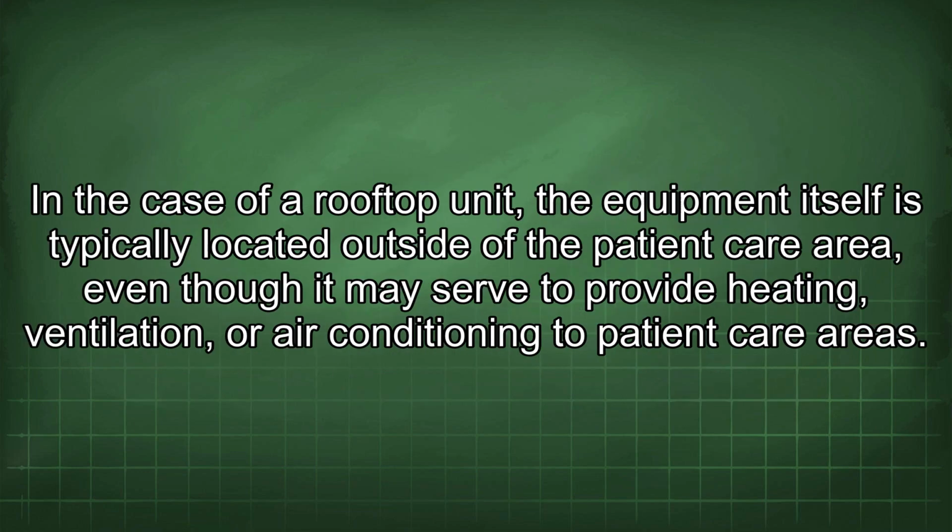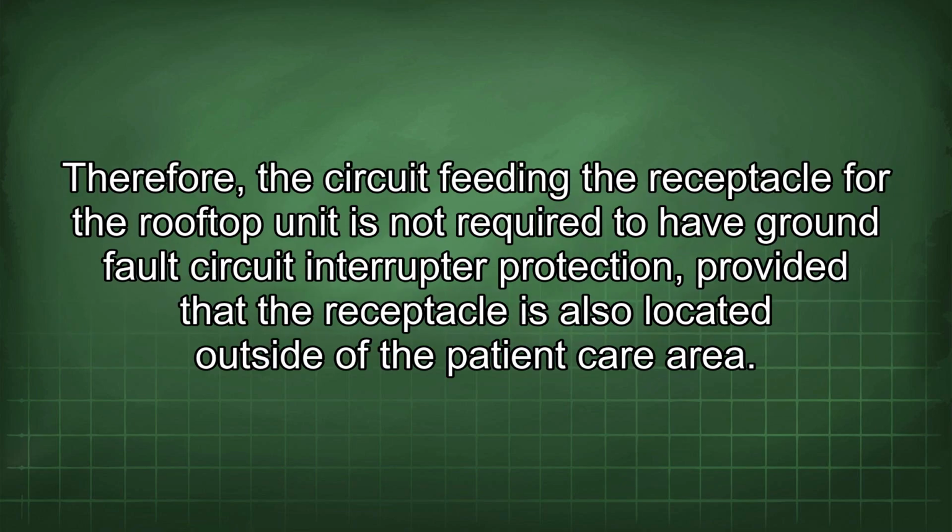In the case of a rooftop unit, the equipment itself is typically located outside of the patient care area, even though it may serve to provide heating, ventilation, or air conditioning to patient care areas. Therefore, the circuit feeding the receptacle for the rooftop unit is not required to have ground fault circuit interrupter protection, provided that the receptacle is also located outside of the patient care area.